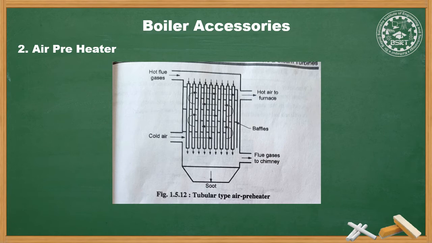That is, the cold air catches the higher temperature of the gases coming out from the boiler. This hot air is fed to the furnace to help improve the burning process.